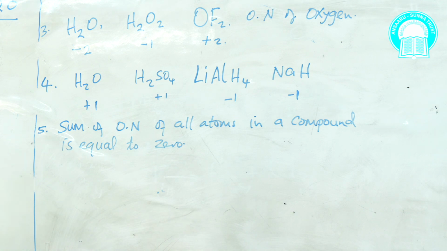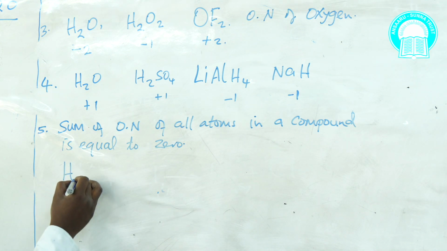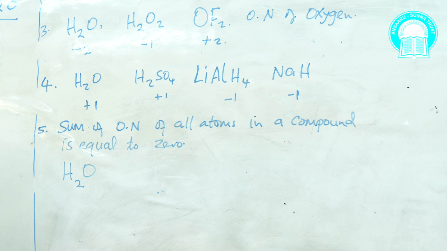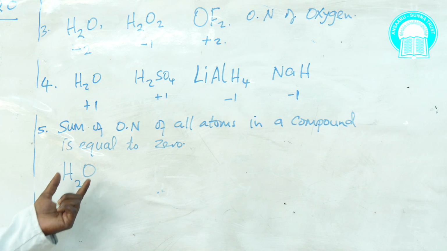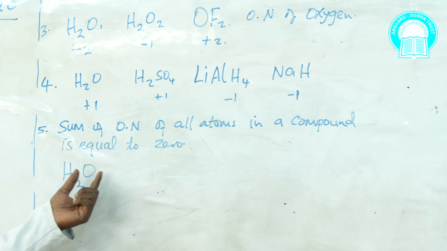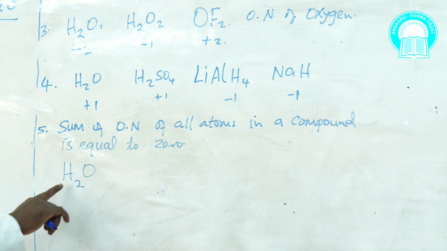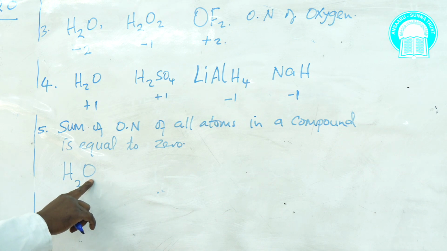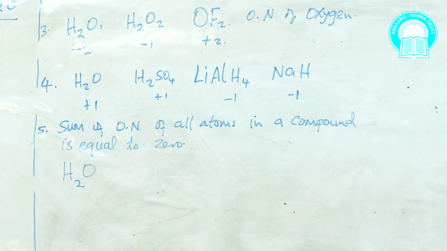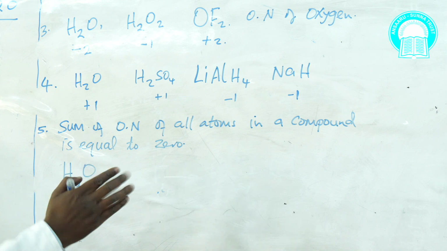By that we mean, if I have a compound such as water, which has 2 atoms of hydrogen and 1 atom of oxygen, the oxidation number of 2 hydrogen atoms plus the oxidation number of 1 oxygen atom cumulatively should give us 0.